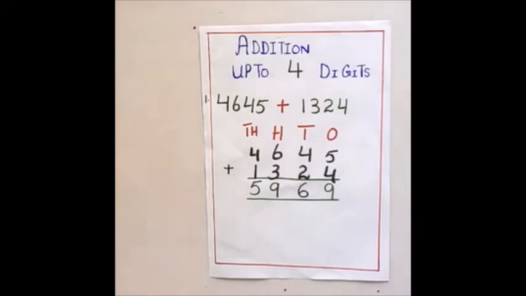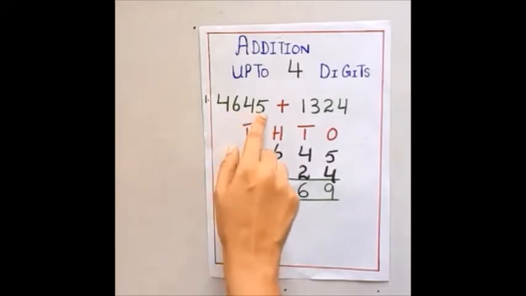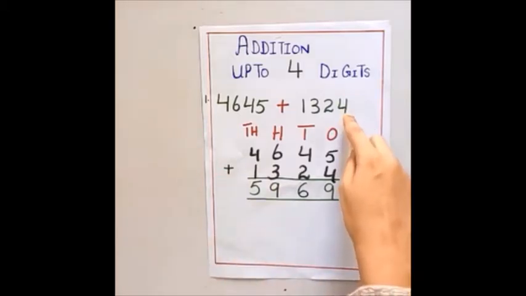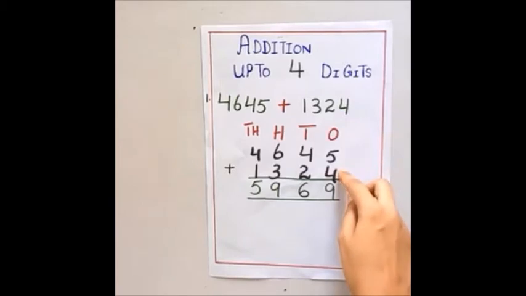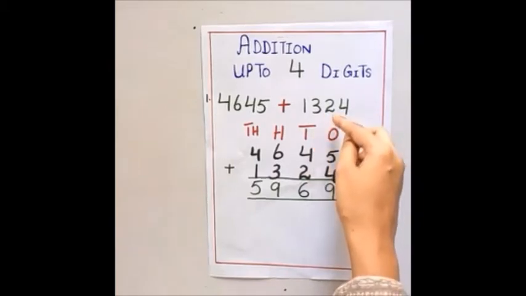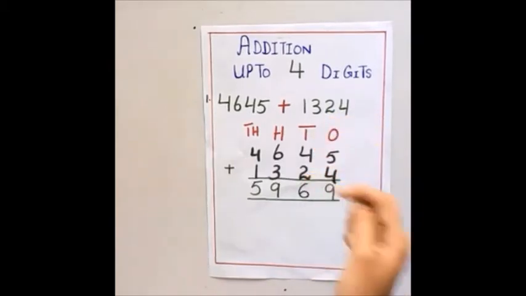Now I write this number just below this number. Now 4 is in the ones place, so I will write 4 under the ones place. 2 is in the tens place, so we will write 2 under the tens place.